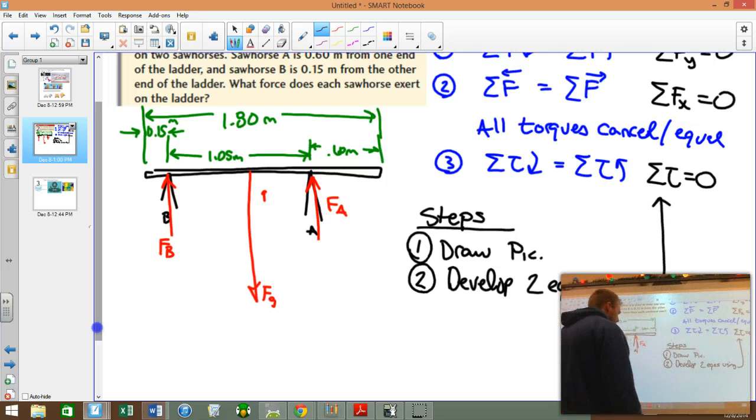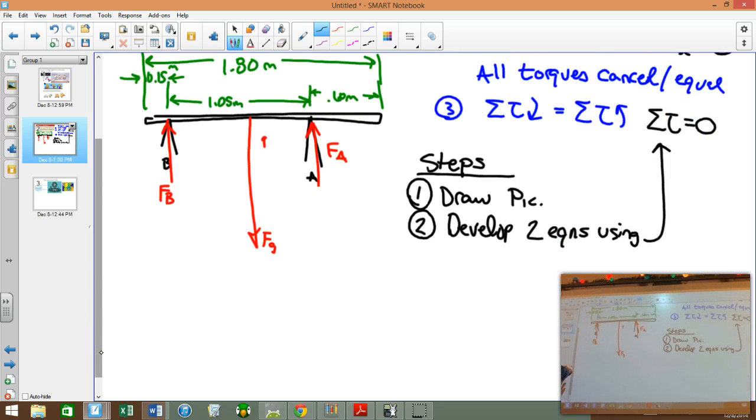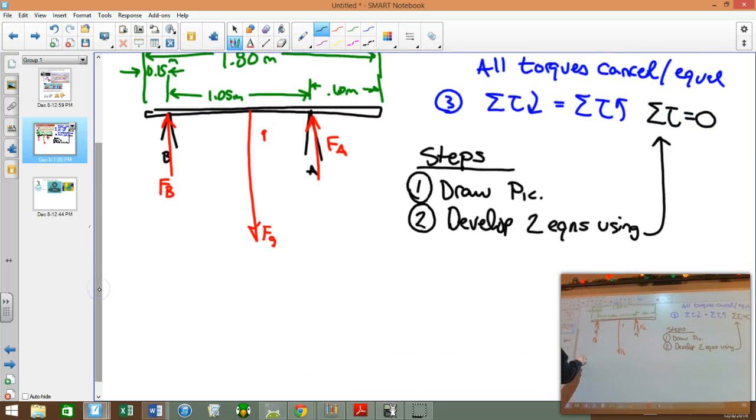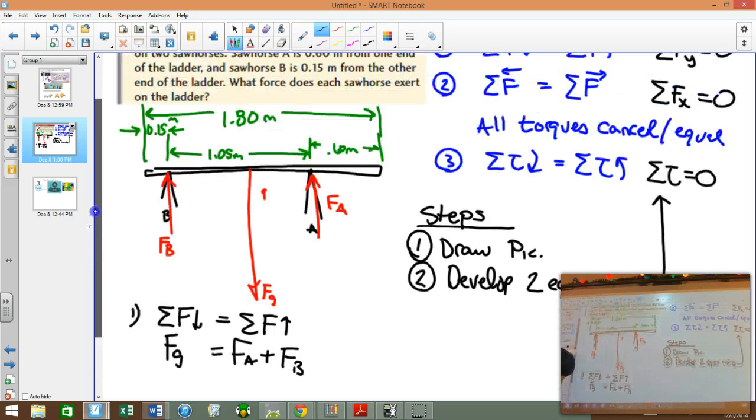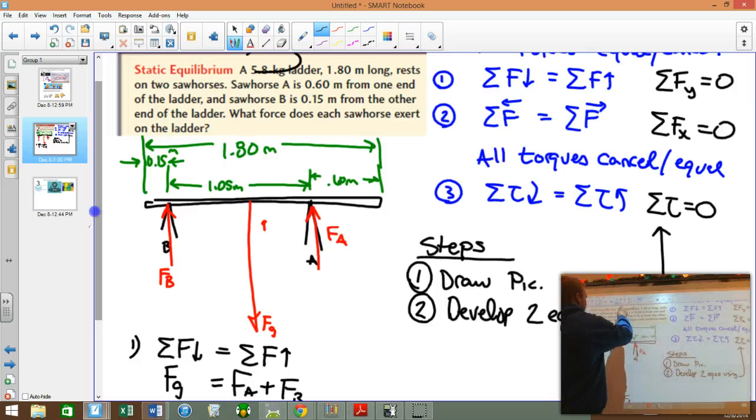So what I'm going to do, first of all, I'll take the very first one that I did, that everything pulling down has to equal everything pulling up. I'm using a lot of big words here, but really what I'm saying is that the force of gravity on the ladder is equal to FA plus FB. I should know the force of gravity on the ladder. I think it says it's 5.8 kilograms.